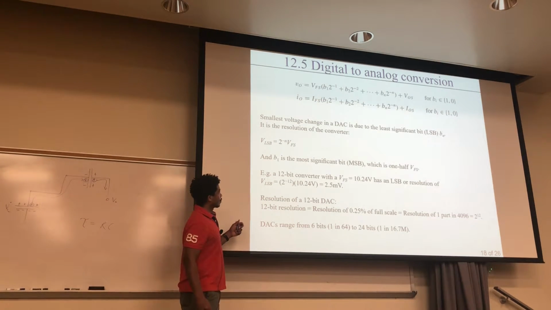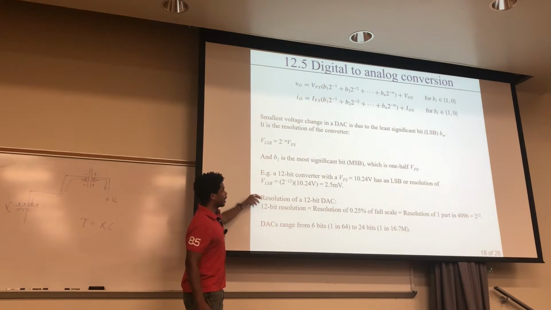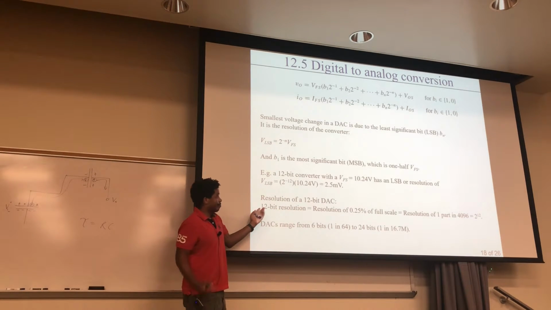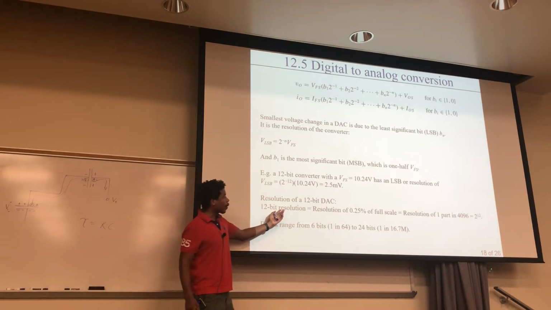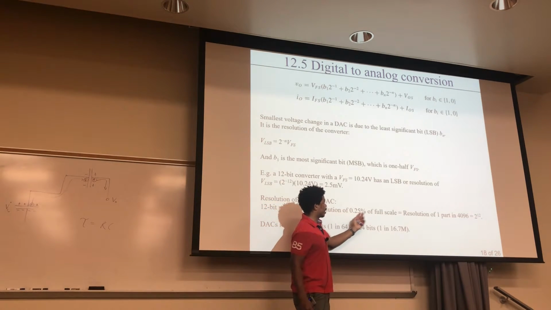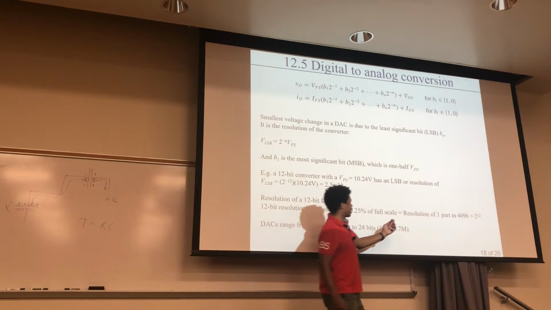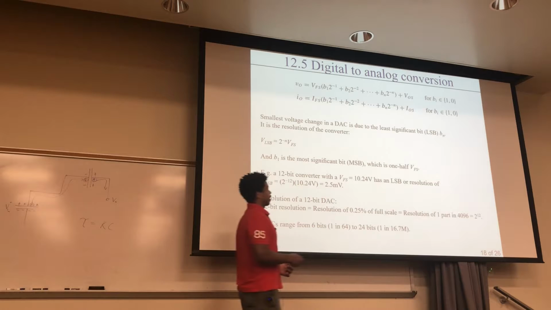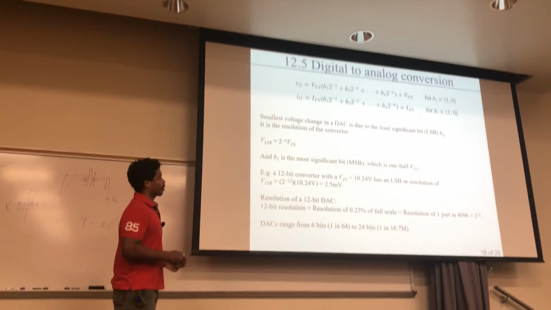So typically when people talk about the resolution of, for example, the 12-bit converter, they'll say you have 12-bit resolution, or they can say the resolution is 0.025% of full scale, or they can say the resolution is 1 part in 4096. All those are equivalent.